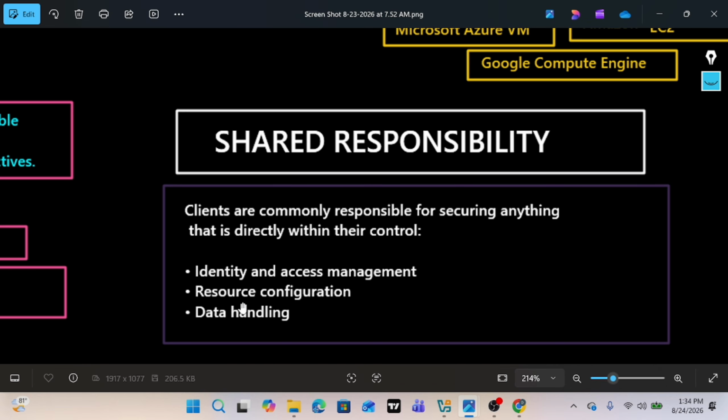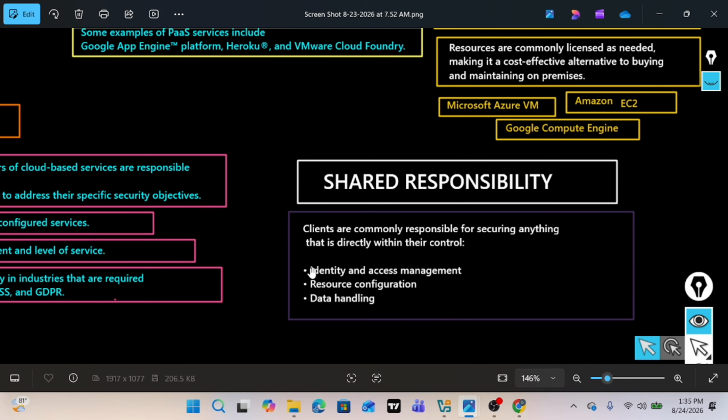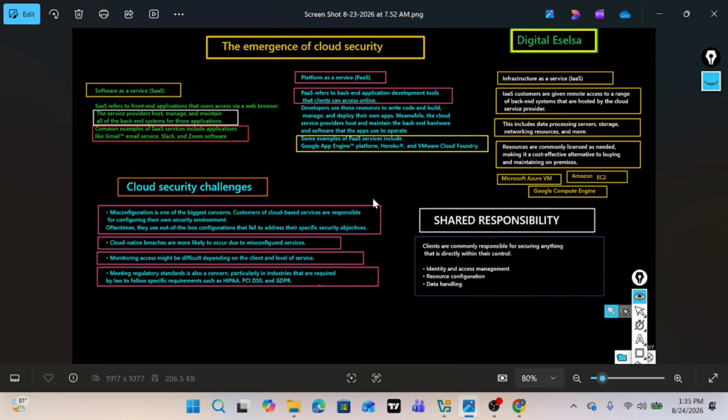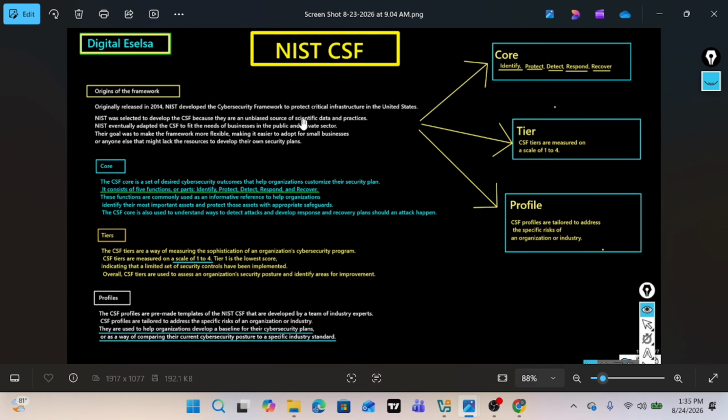Identity and access management, resource configuration, and data handling are the responsibility of the customer or the clients. They are commonly responsible for securing something that is directly within their control, while the other aspects of security that are not within their control are left in the hands of the cloud service providers. So I think that is it about that.